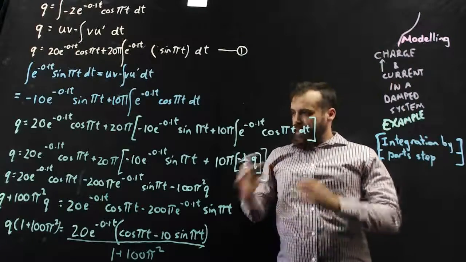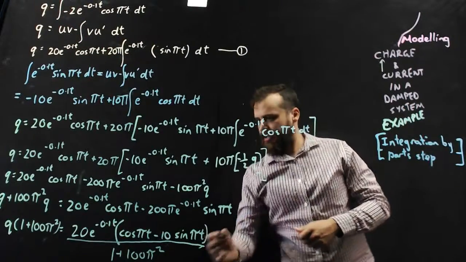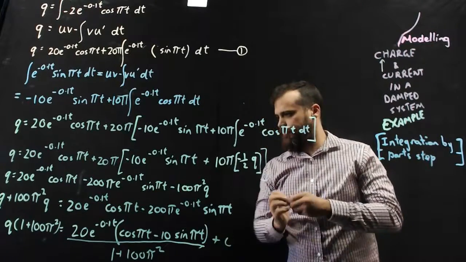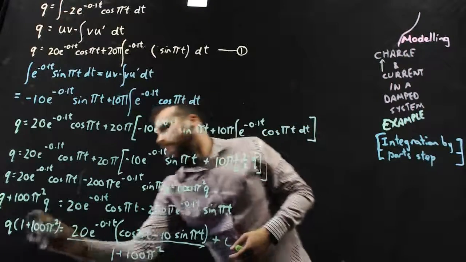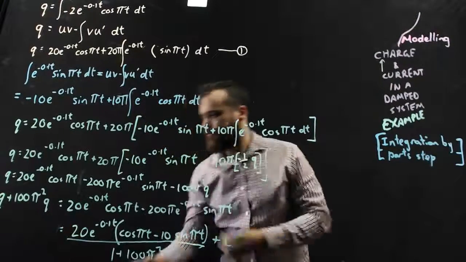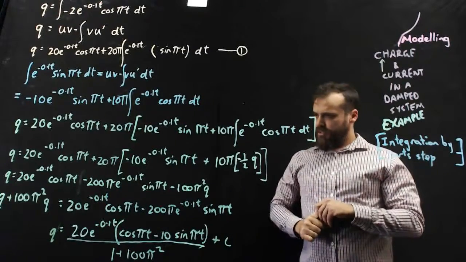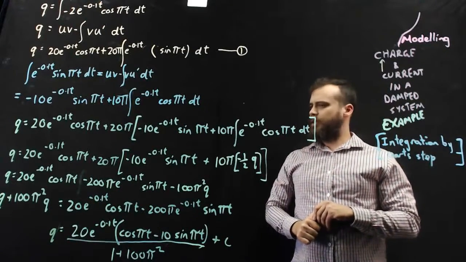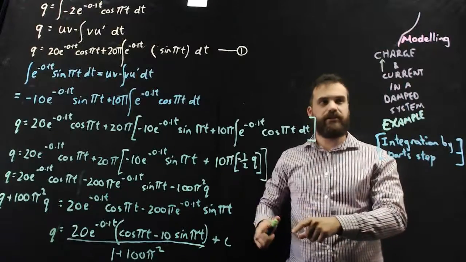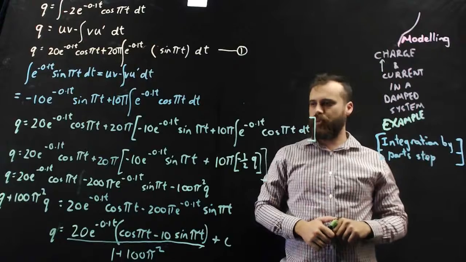And then, because it was an indefinite integral, I need a plus c on the end. And I moved that down so I can get rid of that now. Which leaves me with q. Okay, that is integration by parts, twice over.